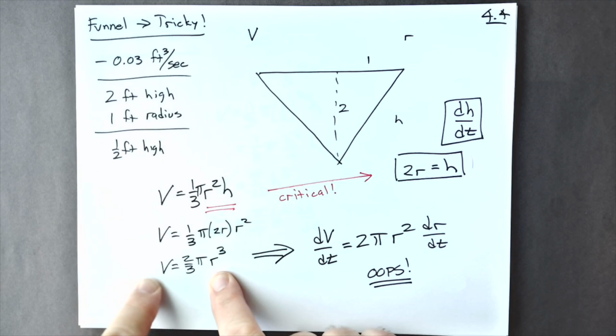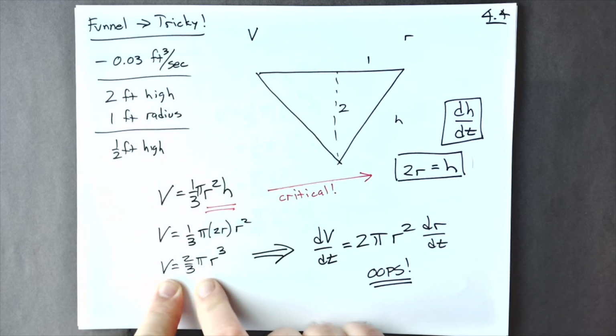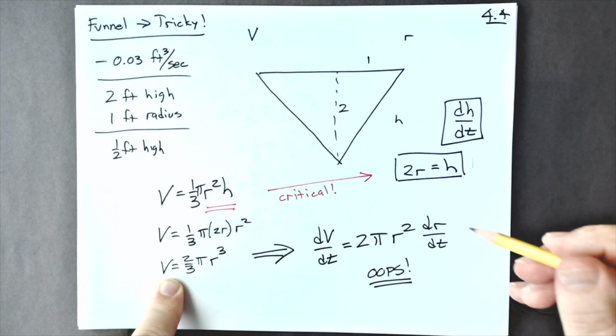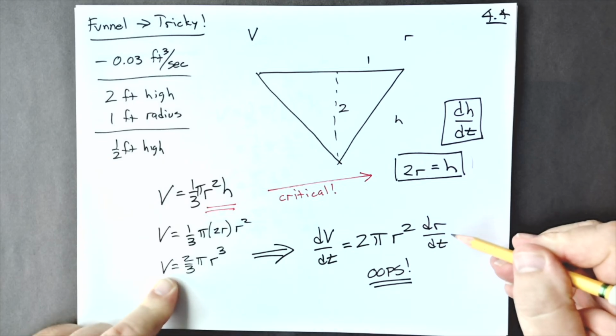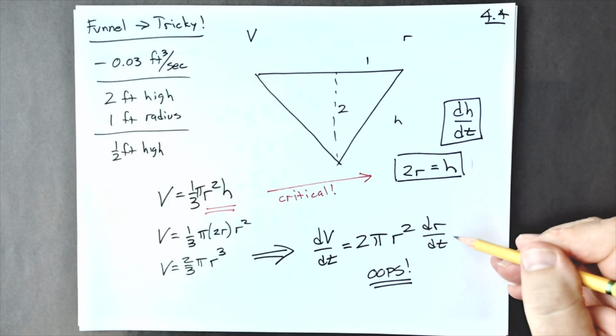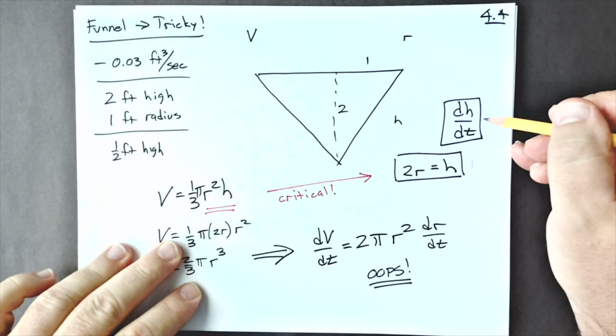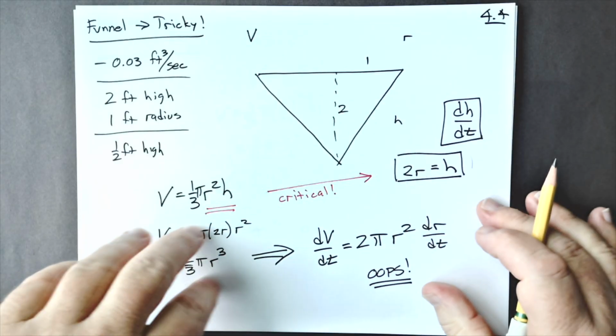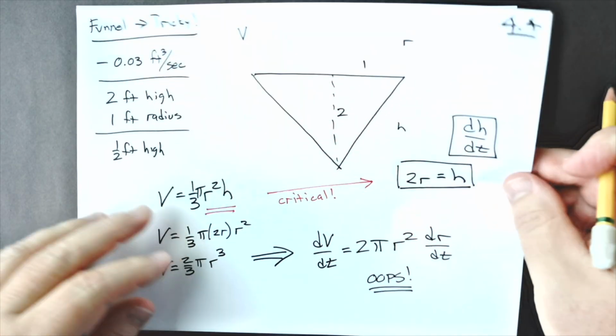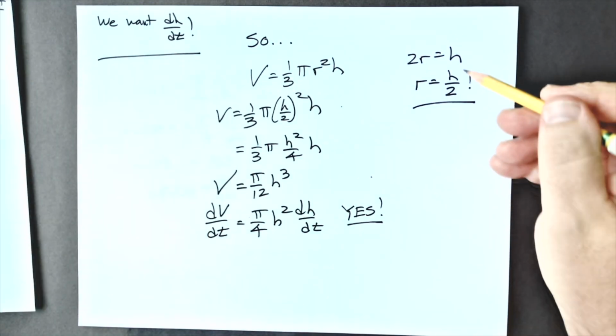So I'm going to take the implicit derivative, and I get a dr dt. Wait a minute, this question would be how fast is the radius changing? Oh, I don't want that. I want dh dt. So I'm not going to use this substitution. I'm going to use this substitution.